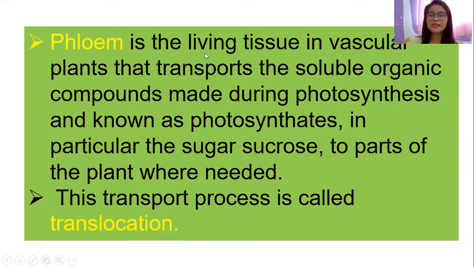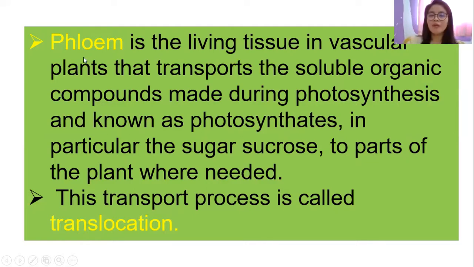And we also have the phloem. Phloem is the living tissue in vascular plants that transports the soluble organic compounds made during photosynthesis, known as photosynthates, in particular the sugar sucrose, to parts of the plant where needed. This transport process is called translocation.